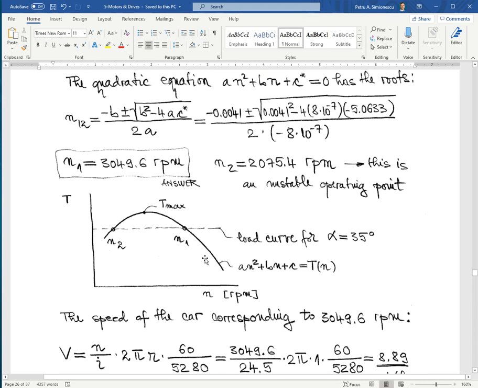So you find the operating point as the right RPM solution to this quadratic, and then if you know the RPM of the crankshaft and you know the transmission ratio, you can find the RPM of the wheel.